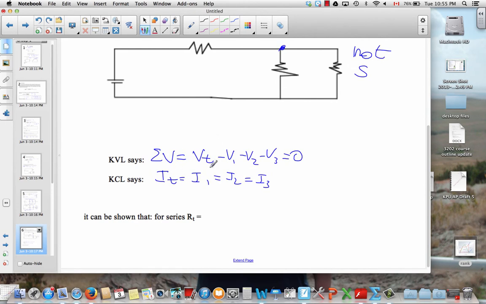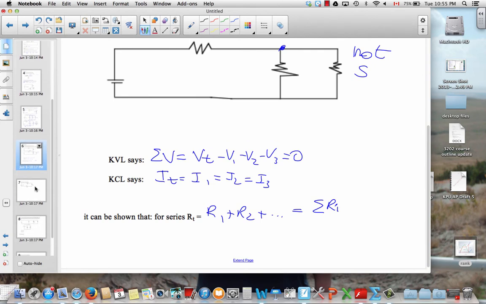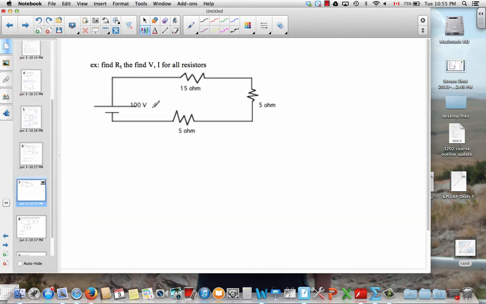Now you can show using these 2 results that the total resistance of a series circuit is just the sum of the resistors. So in the series, the total resistance is the sum of Ri, where i is just an index that you sum over the number of resistors in the series. Then here's a simple example. We have 100 volts in the cell, 3 resistors.